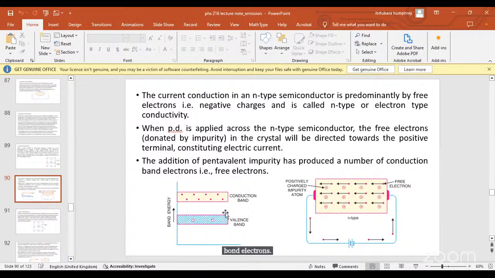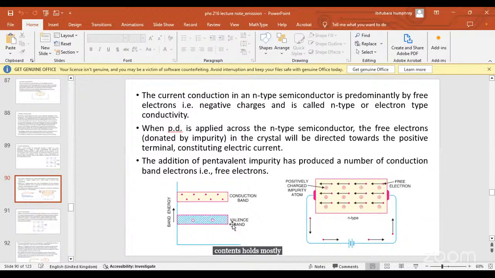If you look at the left diagram, we have 2 energy bands there. We have the valence band and we have the conduction band. For an intrinsic semiconductor, we have an equal number of electrons and holes. The conduction band basically contains electrons, while the valence band contains holes mostly.